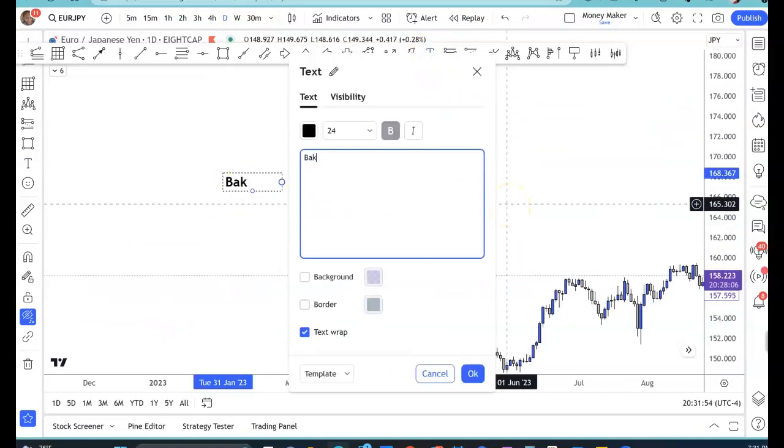So back testing. What is that? Back testing is when you put the market in replay mode and you pretty much practice your strategy.